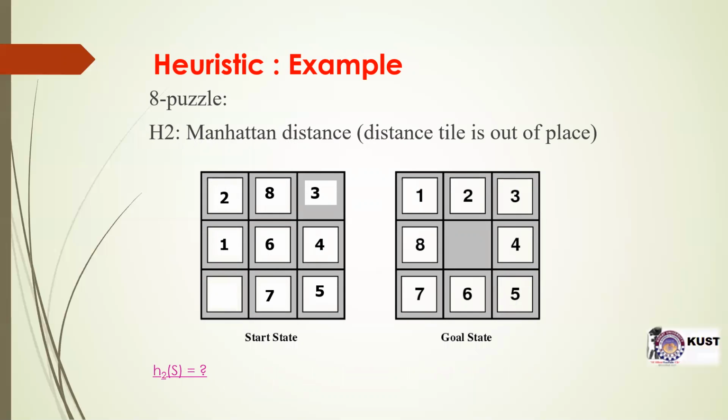The same problem can be solved using Manhattan distance, that is, the moves that a single tile requires to get to its desired location. Looking at the goal state, we see that tile 1 requires one move to go to its correct position.